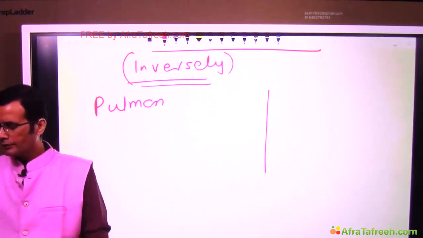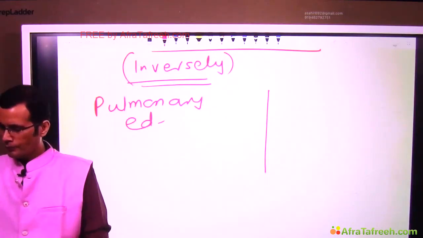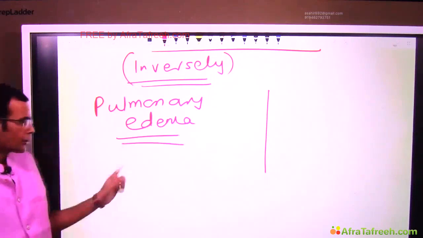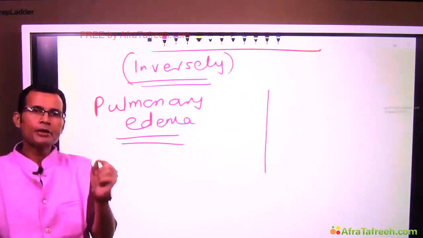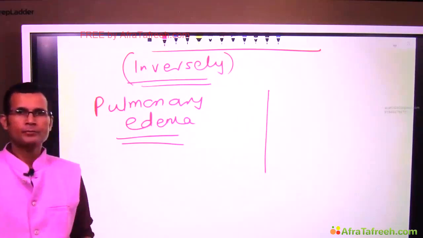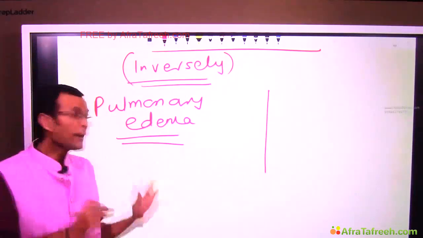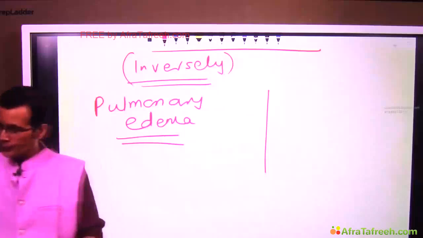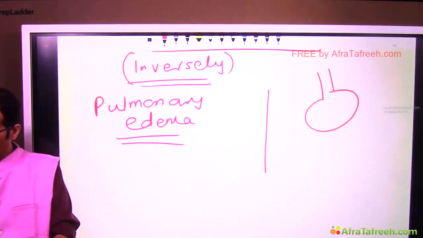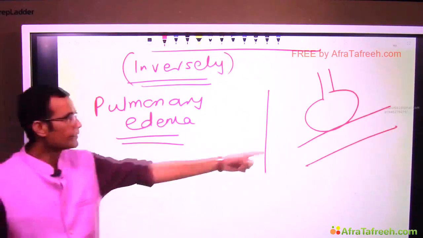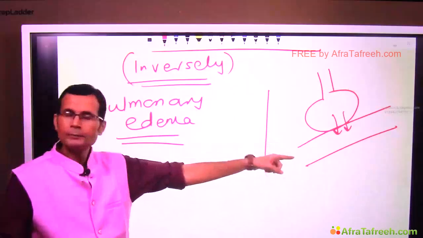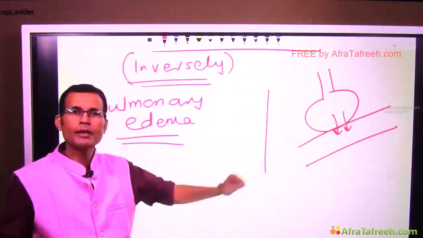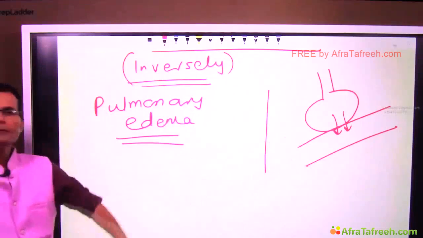Pulmonary edema. Here is a condition in which the thickness of the respiratory membrane increases and therefore the rate of gas diffusion decreases. Look, here is an alveolus, here is a pulmonary blood vessel, and oxygen diffuses through this respiratory membrane from alveolus to the blood.